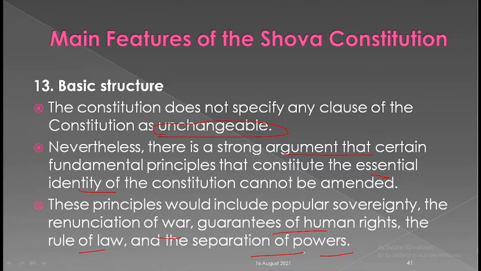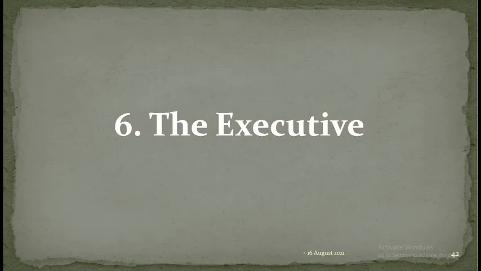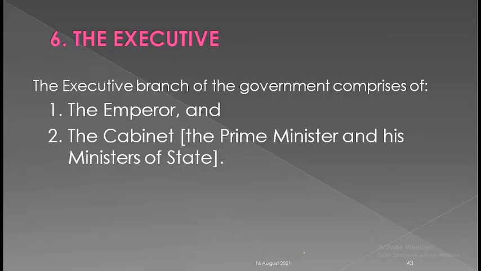These are some of the main features of the Constitution of Japan of 1947, popularly known as the Showa Constitution. Now, let's discuss the executive under the Showa Constitution. When we talk about the executive under the Constitution of Japan, it simply means the emperor or the monarch and the cabinet.